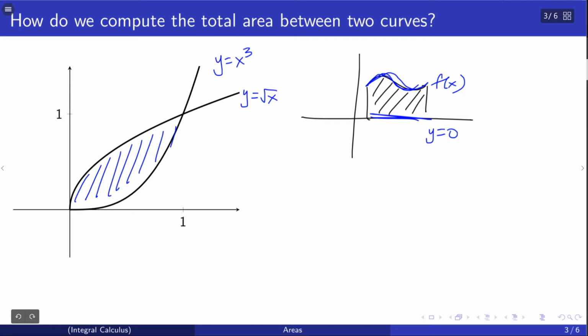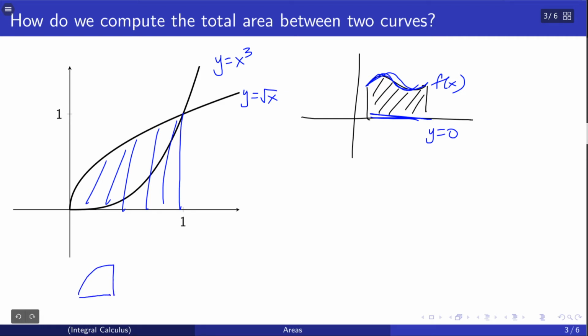Now, how we can approach this is, consider first this whole region, right? So I'll call this the blue region, which is the area below the square root function, right? So this is the integral of square root of x dx from 0 to 1.